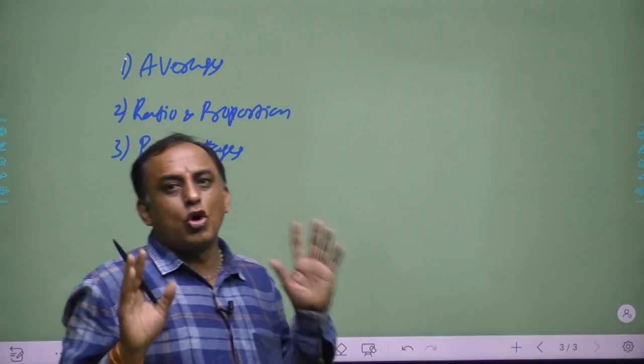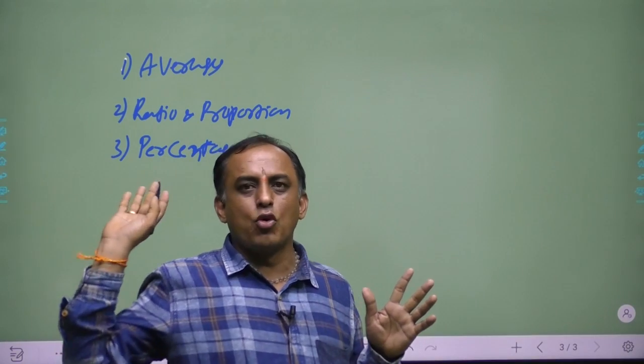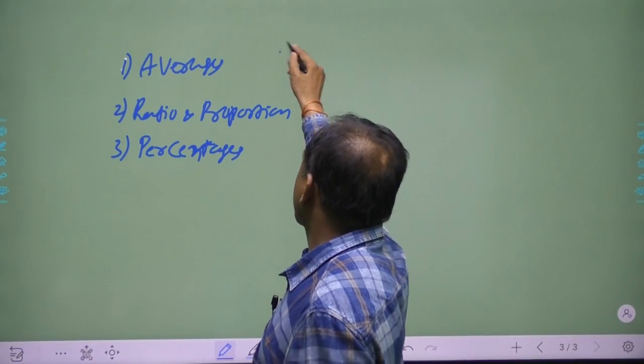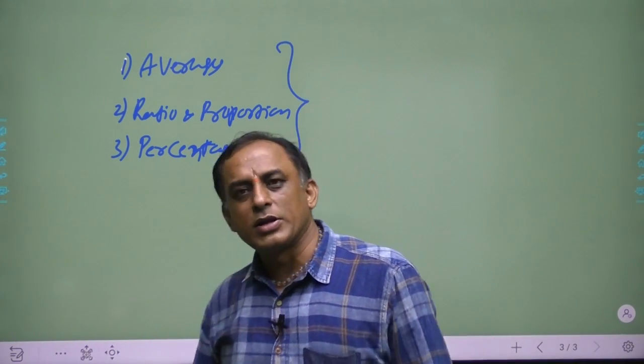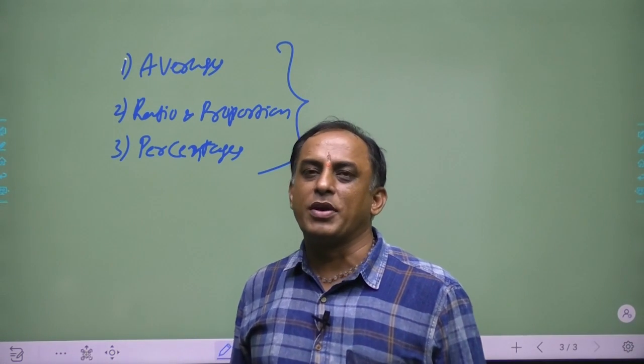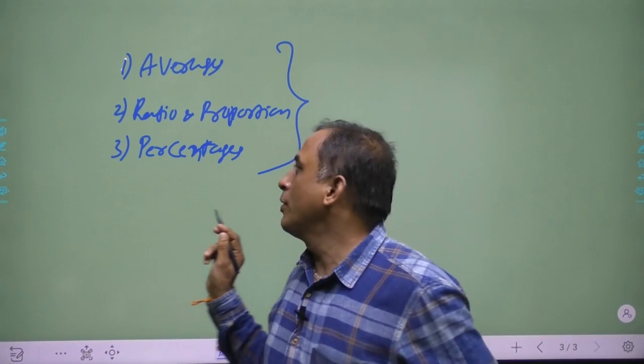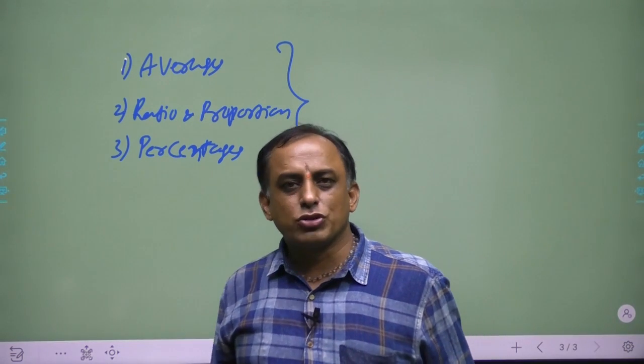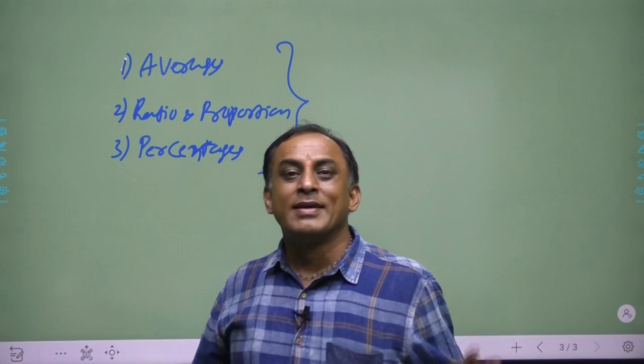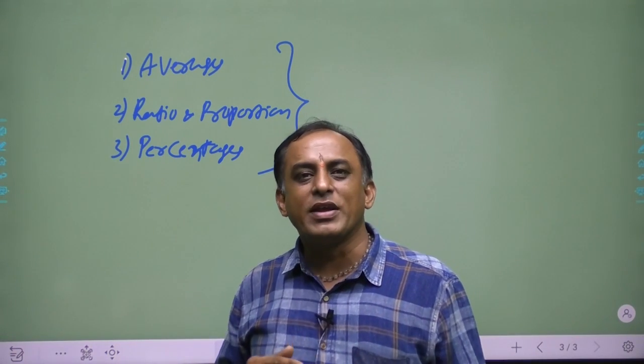So the total data interpretation depends on only these three topics. If you are good in these three topics, the average, ratio and proportion, and percentages, then the total data interpretation is very easy.